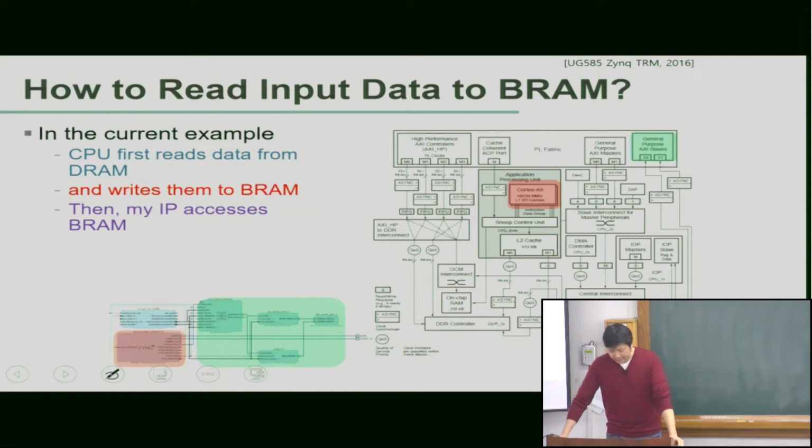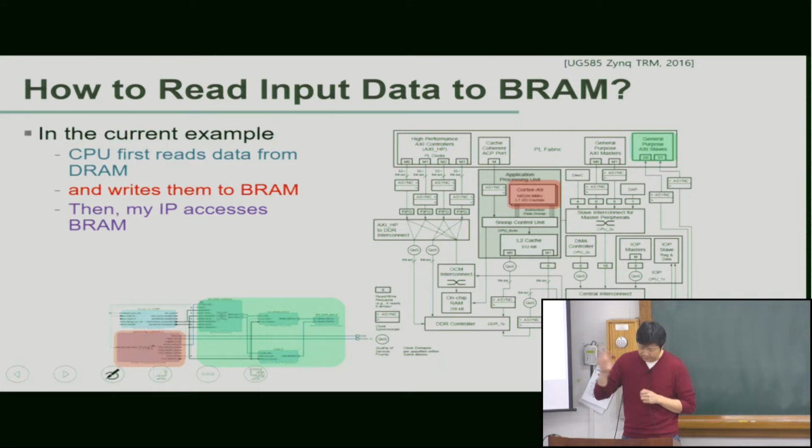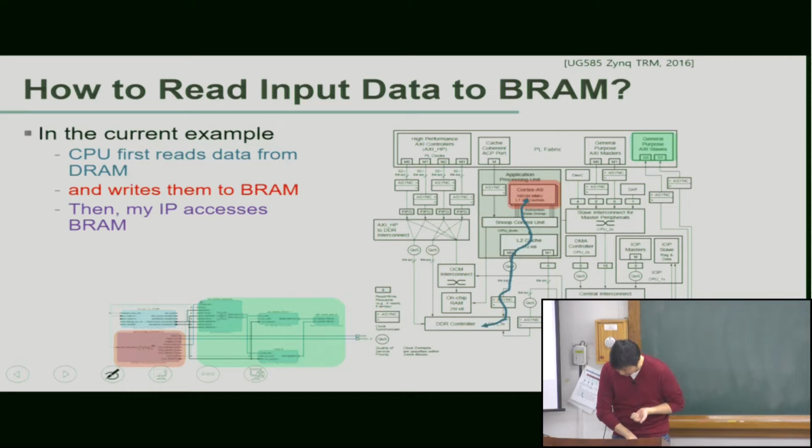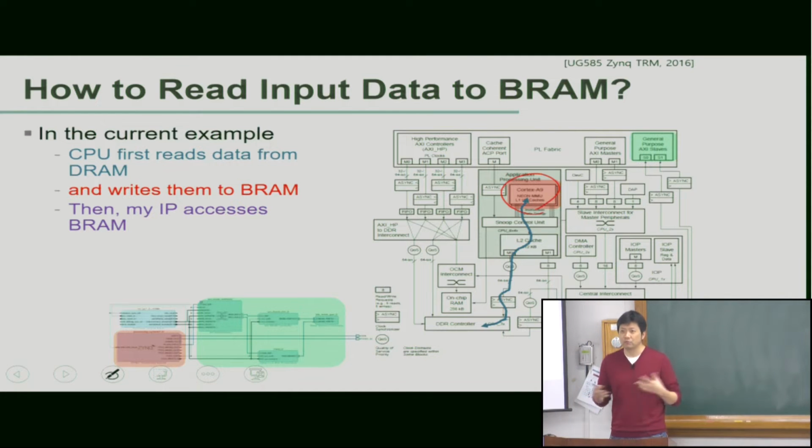So in our example, how do we read input data into VRAM? In our design example, the CPU first reads data from external DRAM, because all of our data is initially placed on off-chip DRAM. The CPU reads this block of data from DRAM and writes it to block RAM, VRAM on chip. That's the first step. The data is a gigabyte of memory, which is big, right?